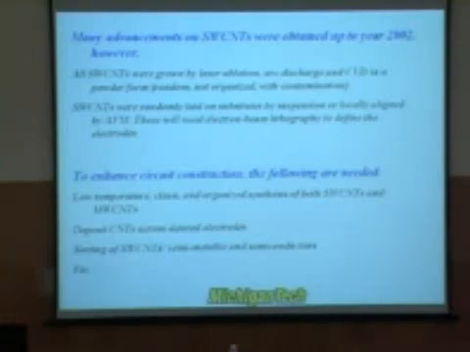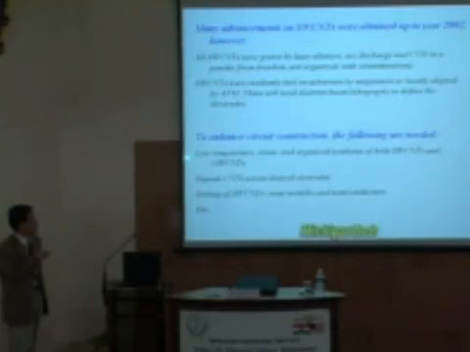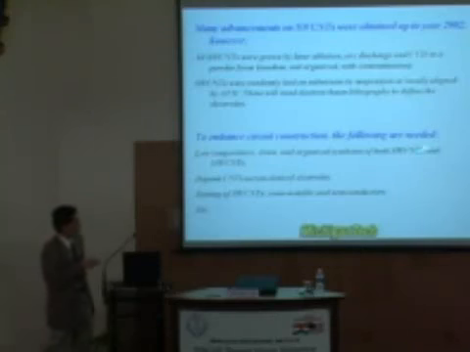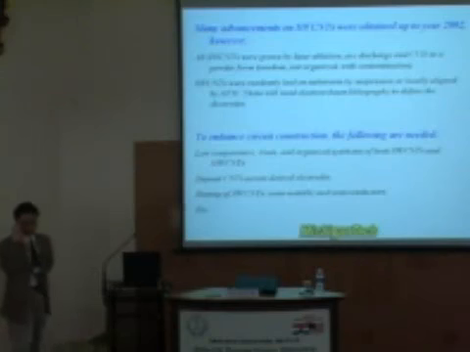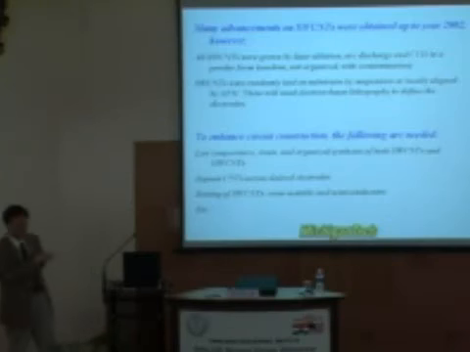So what I would like to say is that to enhance the circuit constructions in the future, some of these challenges must be overcome. For instance, you have to be able to achieve low temperature, clean, and organized synthesis of some of these single wall nanotubes, as well as the multi-wall tubes, because for devices, you might need some conducting wire to bring your electron from one point to another. And carbon nanotube multi-wall tubes are just the right material for this purpose.